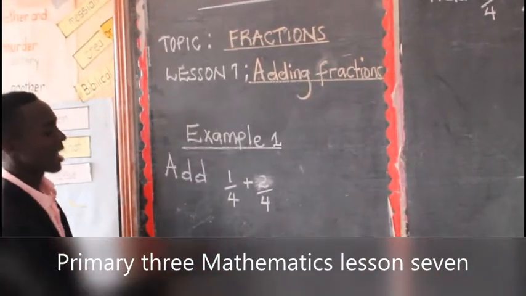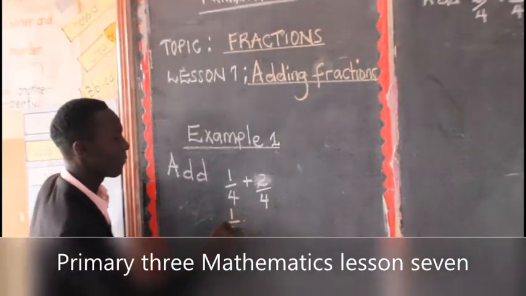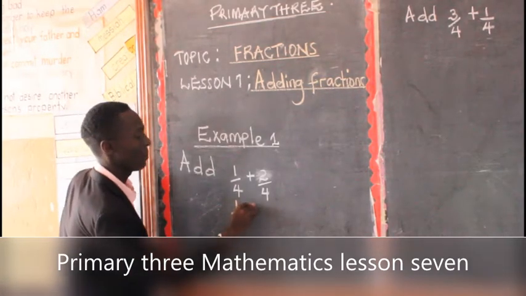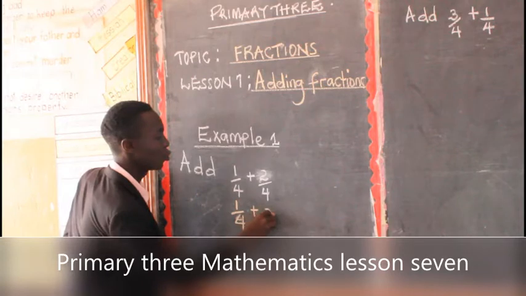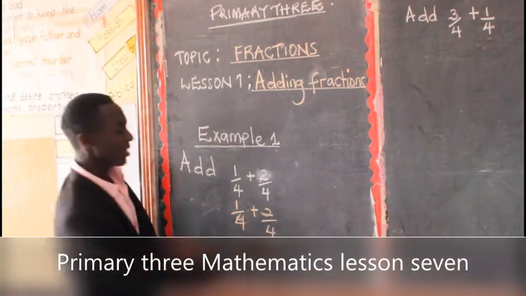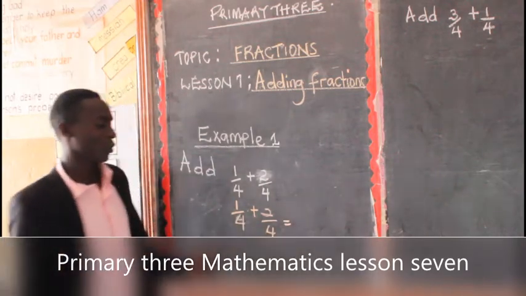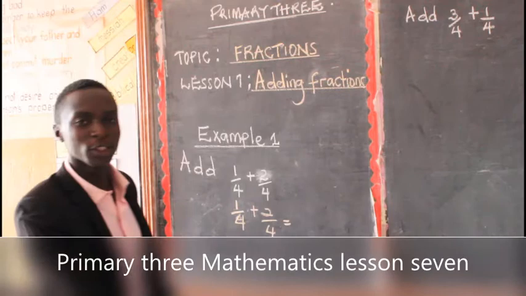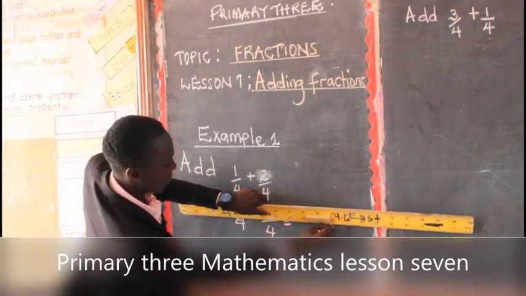We are going to say 1 out of 4, a quarter, plus 2 out of 4. We say this is equal to, we put a dash here.